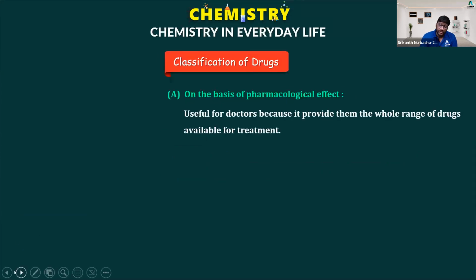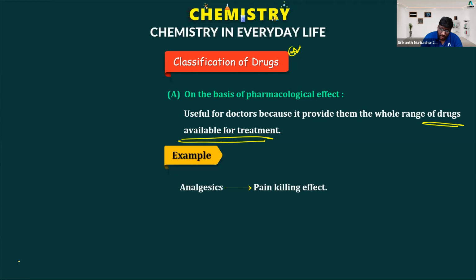Classification of drugs. If you classify the drugs on the basis of pharmacological effect, this is useful for doctors because it provides them the whole range of drugs available for treatment based on pharmacological effect. On this basis, how can we classify the drugs? For example, analgesics. All of them will have a pain-killing effect. If we categorize all the drugs in the analgesics part, that means for analgesics you can use this whole set of drugs, and based on the conditions of the patient, we will choose the right drug. So analgesics, antiseptics, anti-fertility drugs.